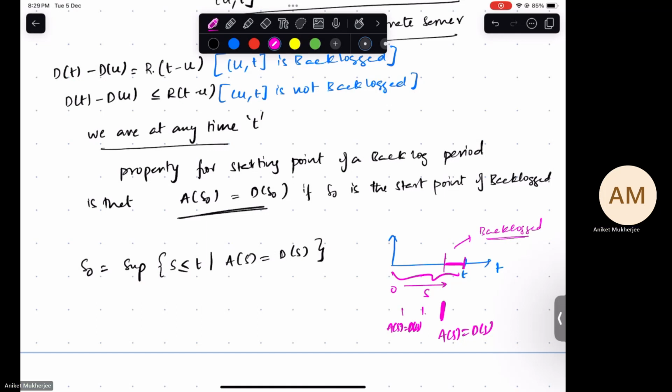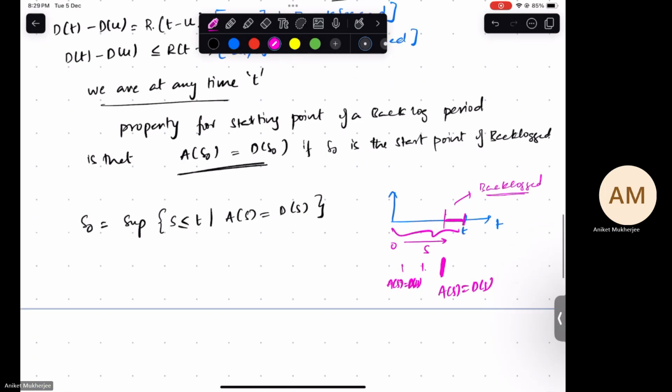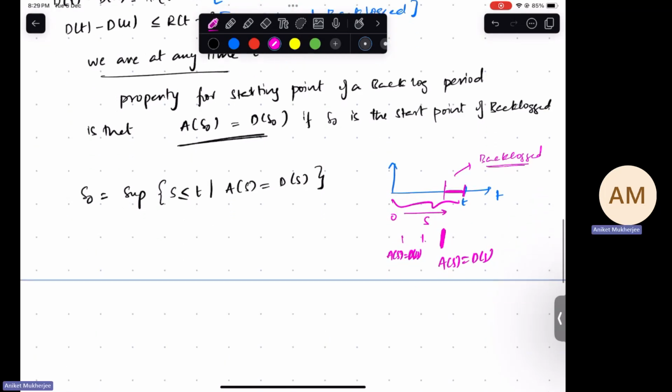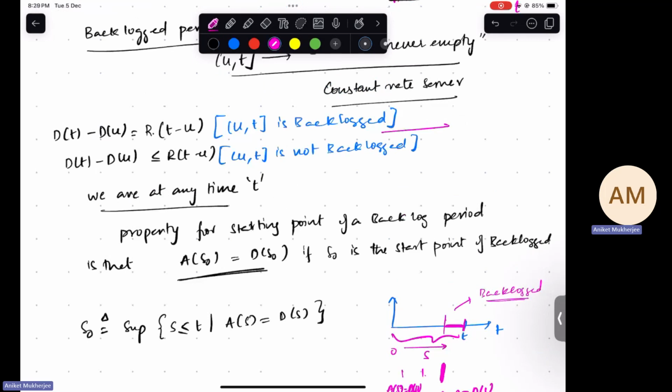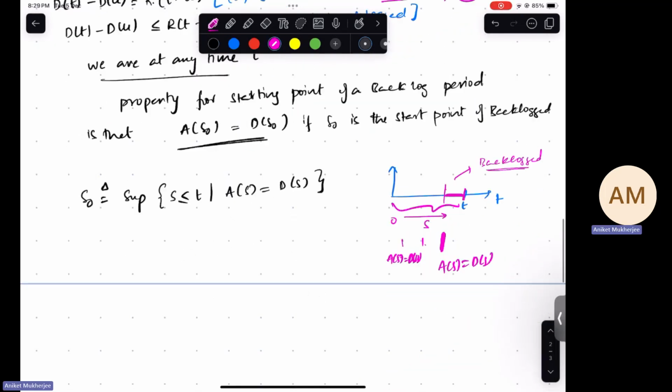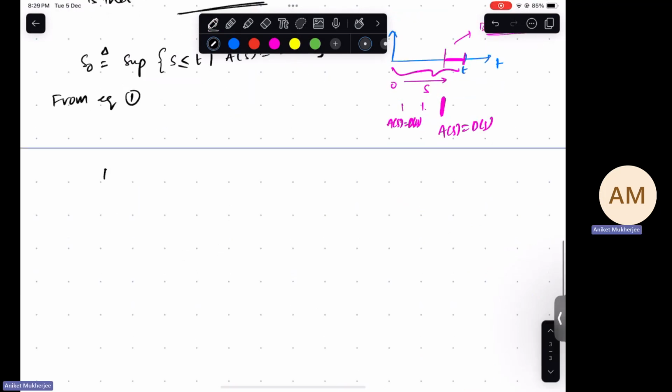Right. So now we have defined s0 to be like this in a backlog period. Let's call this equation 1. So from equation 1, we have dt equal to ds0 plus r into t minus s0, right?